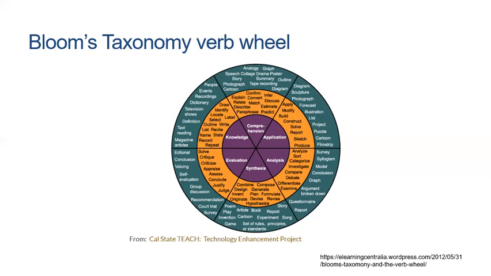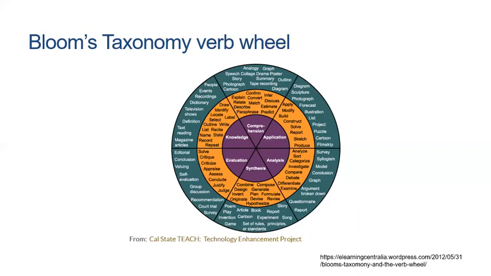I chose it because it was legible. Not that there was anything special about it, but you can see in the very center, we've got the levels of learning, and in the middle ring, the yellow-orange ring, we have verbs that you can use to build your learning outcomes.